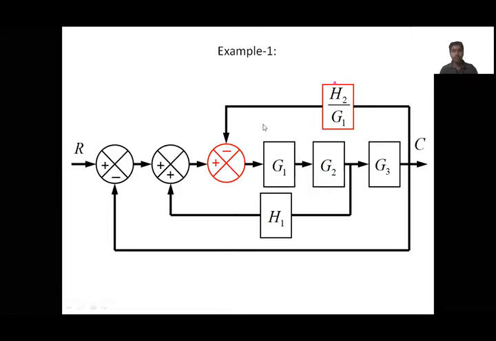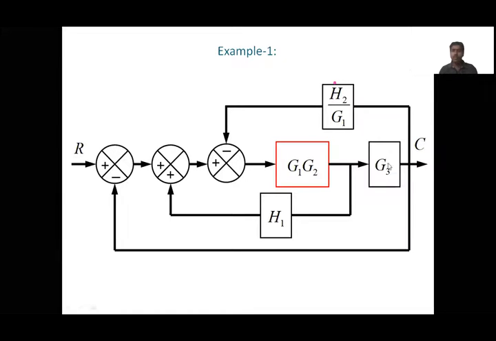After shifting, what happens? This feedback gain should be multiplied by 1 by G1. So there is a change in this gain, and the summing point is shifted to before G1. Now you can see G1 and G2 are in cascade, therefore they are reduced to a single block G1 G2.